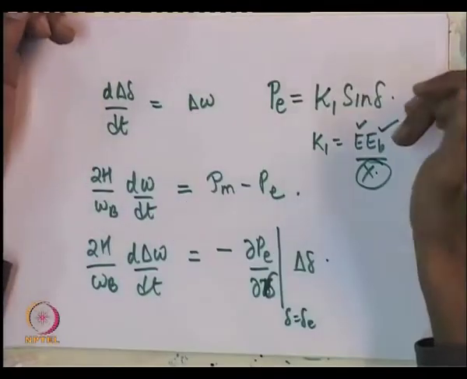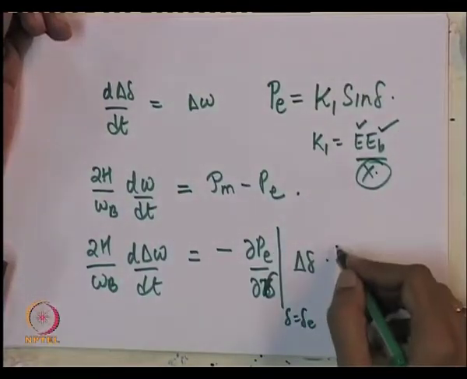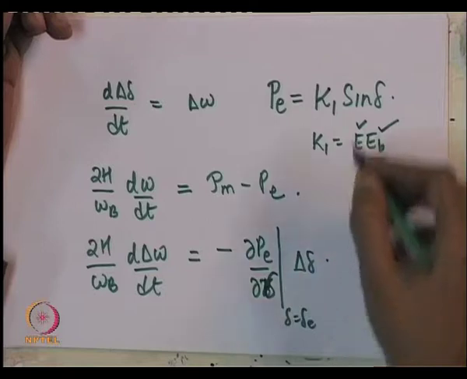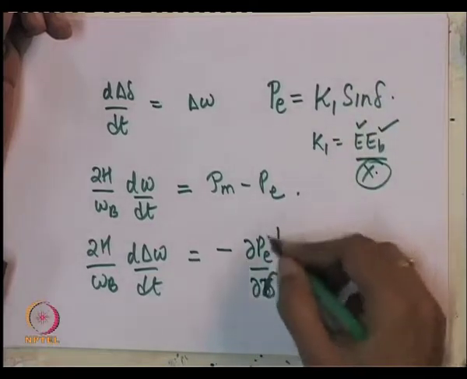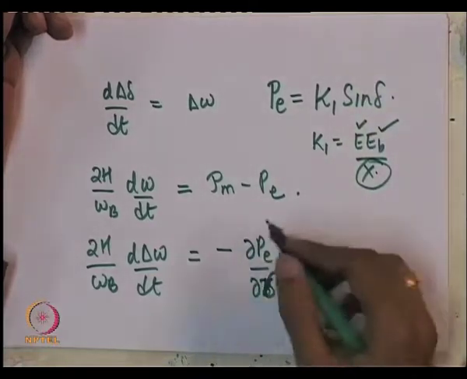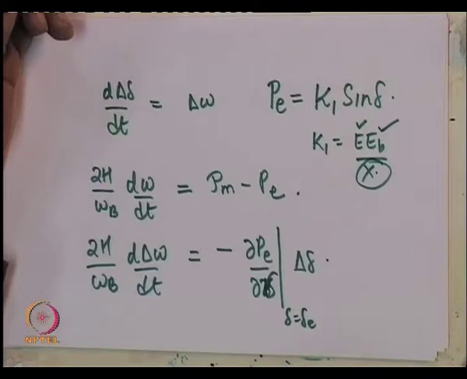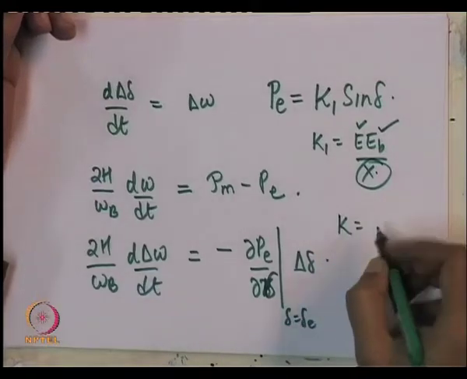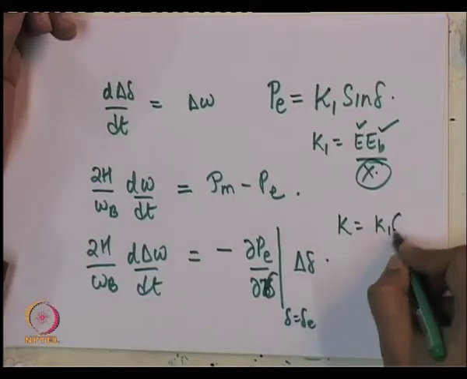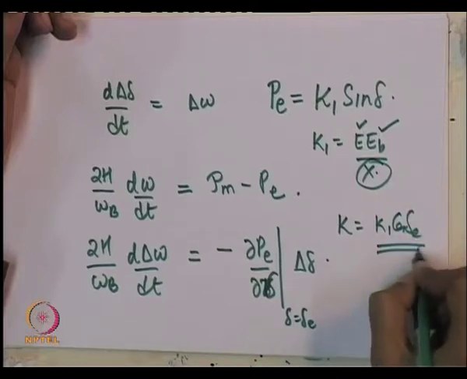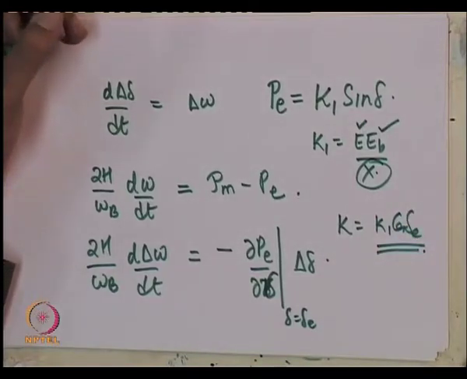So, this is a very simplified model, and if you look at the basic equation and evaluate this, you will get this capital K. So, K is in fact K1 into cos delta E. So, this is what we get for this.